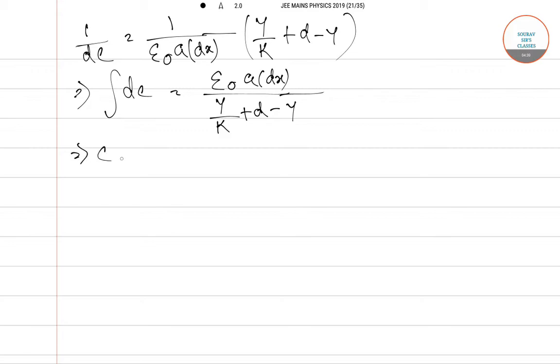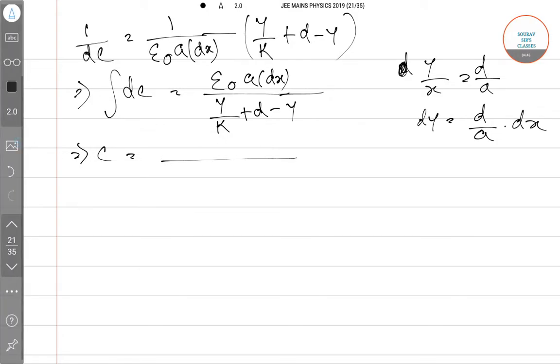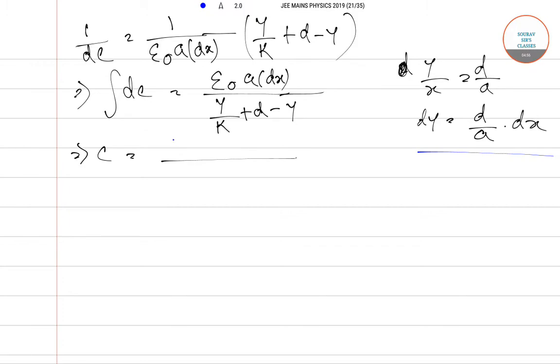So this c equals, where we know y by x equals d by a, so dy equals d by a into dx. In the place of dx, we write the value of dx from this equation.